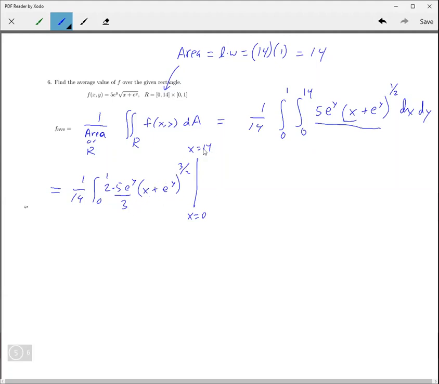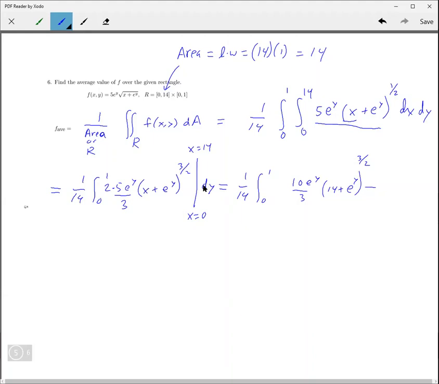Okay, so now we're going to put in a 14 first for x. Oh yeah, and then we have to do y after. So now you put a 14 in for x, and you're going to get 10 e to the y over 3 times 14 plus e to the y to the 3/2.